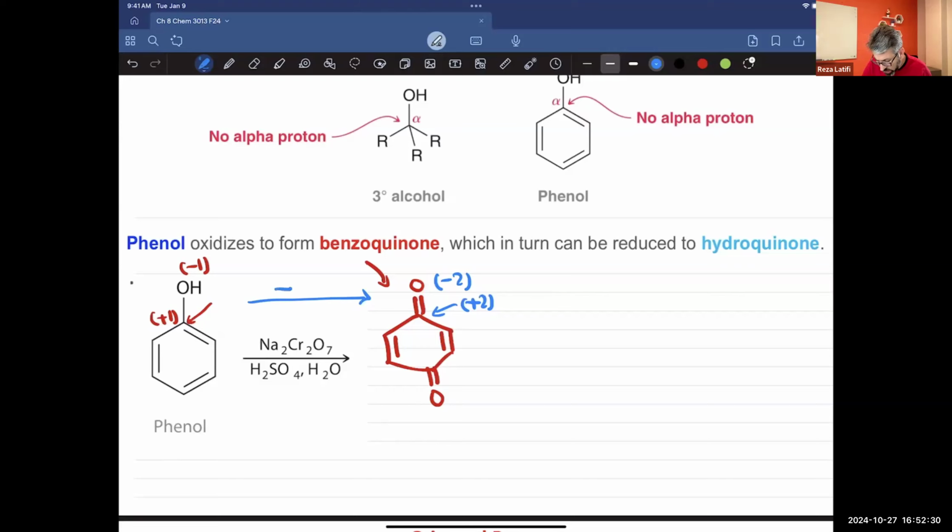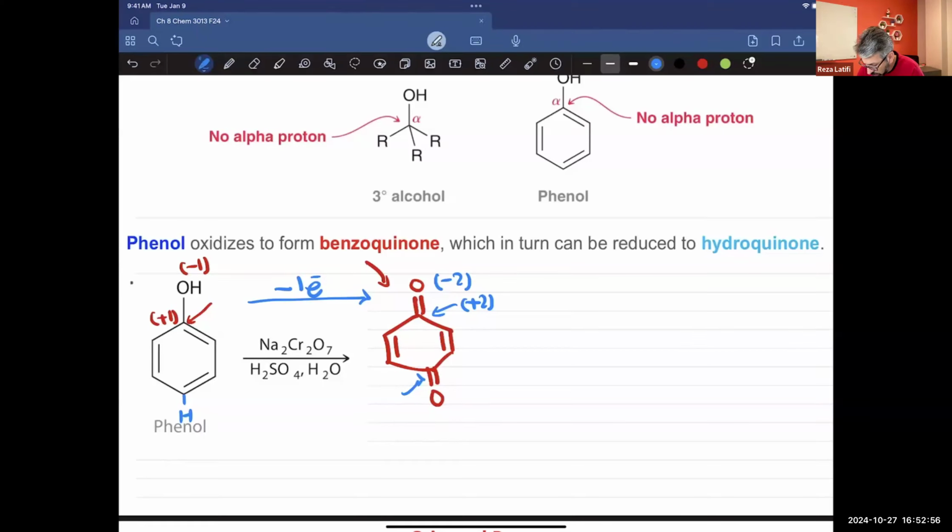So we lost 1 electron on that carbon. And also here we lost more, because we used to have H, and now we have O. So from -1, now we turn it to +2, and the oxidation is way higher than just losing 1 electron.